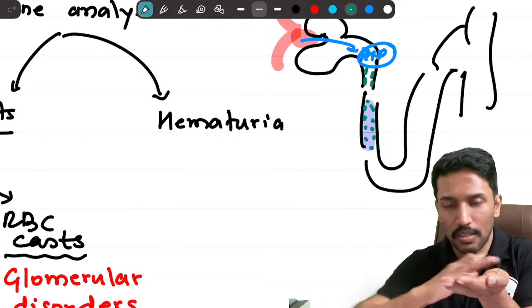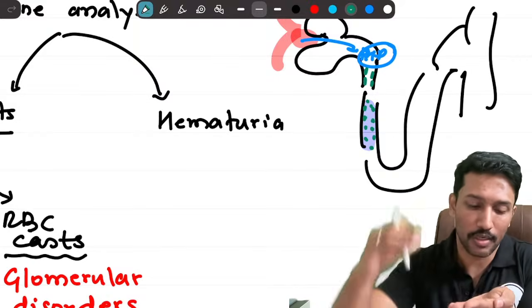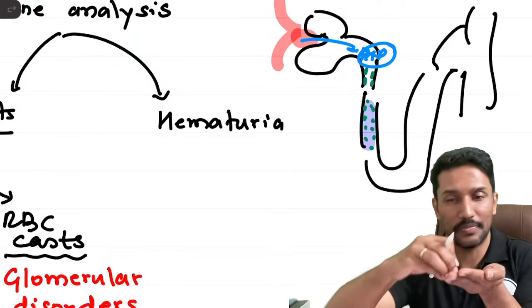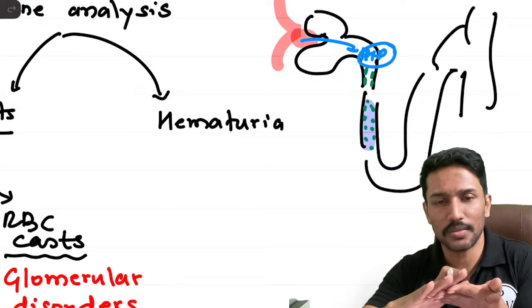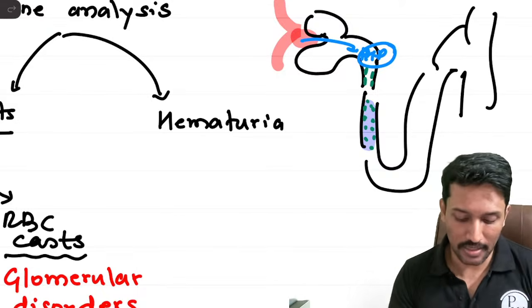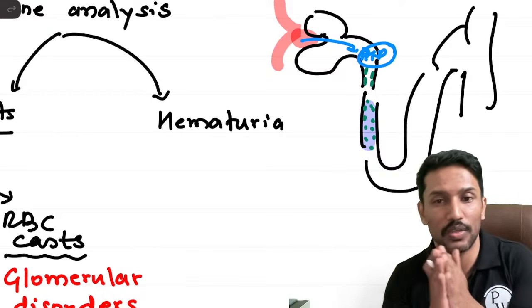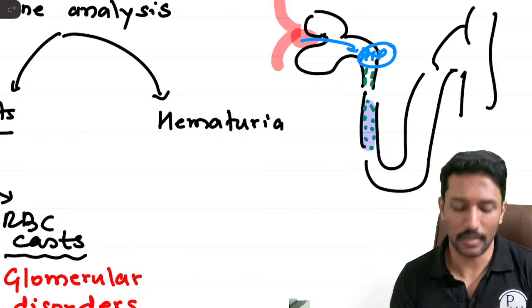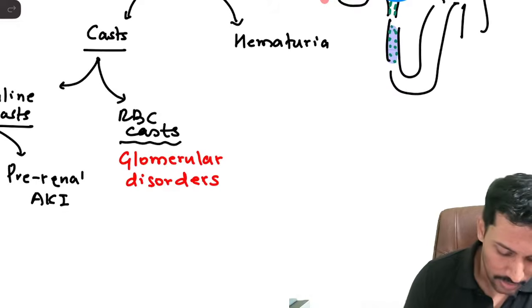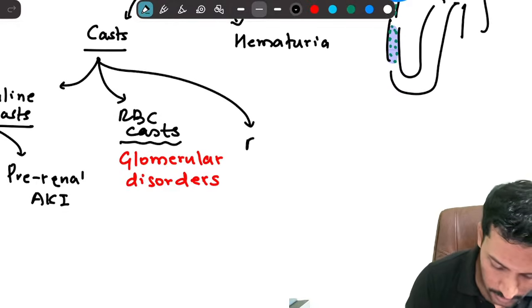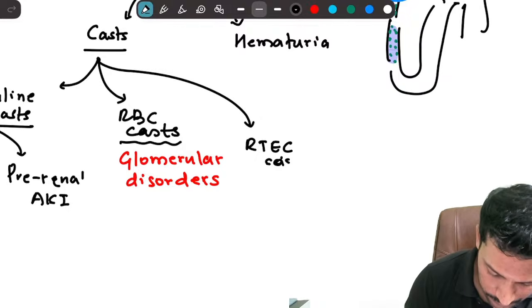Now I have a cast composed of a Tamm-Horsfall protein sheet, and on top of that, the renal tubular epithelial cells are added. This is also a new cast. This cast indicates that the renal tubular epithelium is damaged. That's why the cells are shed and added to this sheet. And we will call them renal tubular epithelial cell casts.